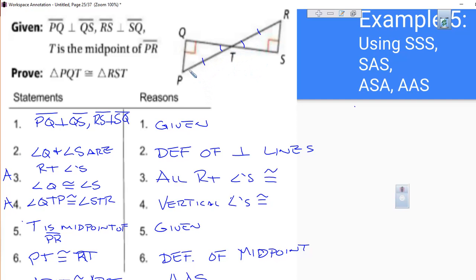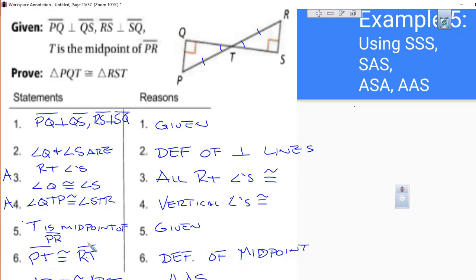And so we have to name which halves are congruent. So this side PT is going to be congruent to RT, which is what we've written down over here. Let me write it a little neater. RT, and that is by the definition of a midpoint. So we know that these two are congruent.